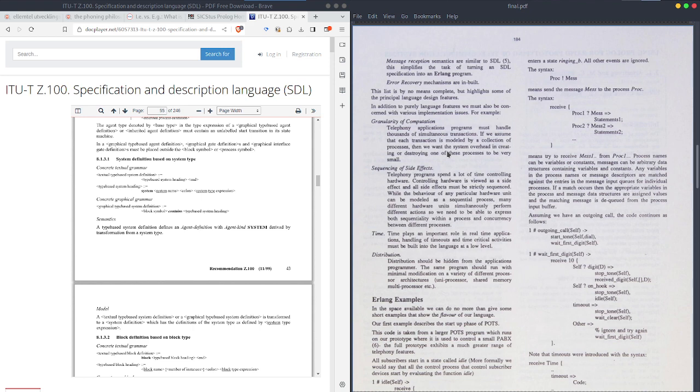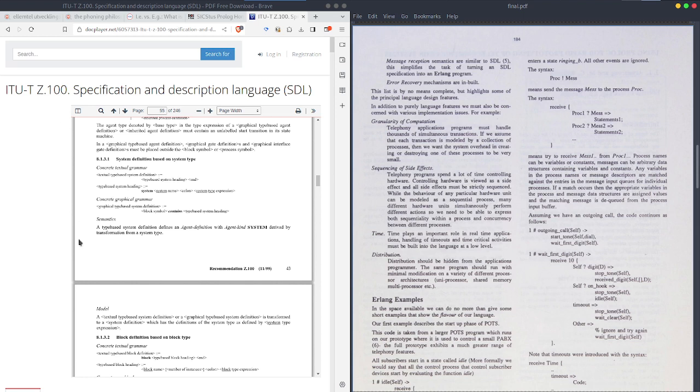If we assume that each transaction is modeled by a collection of processes, then we want the system overhead in creating or destroying one of these processes to be very small.